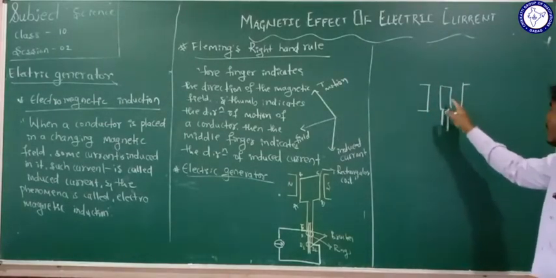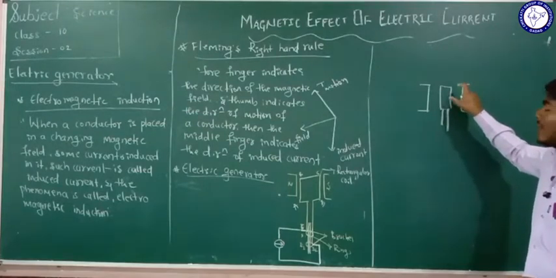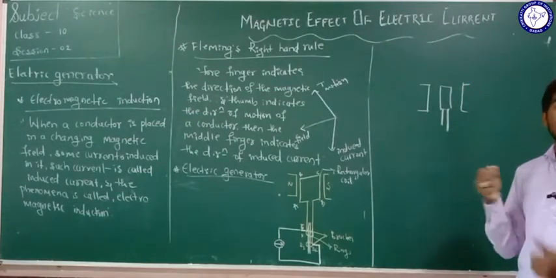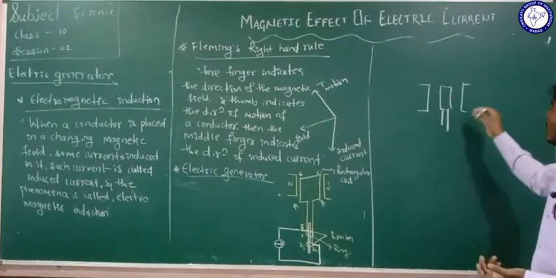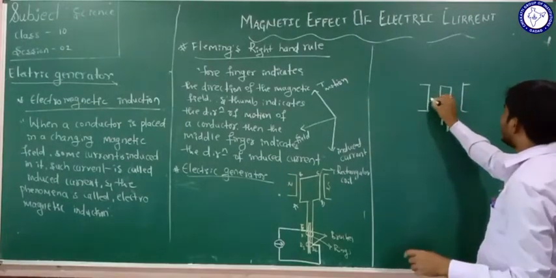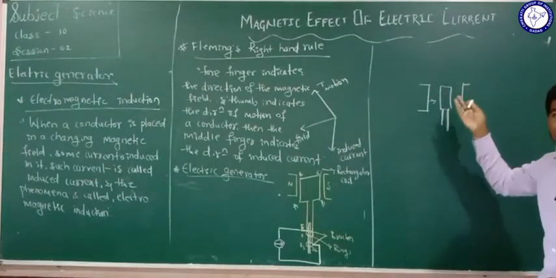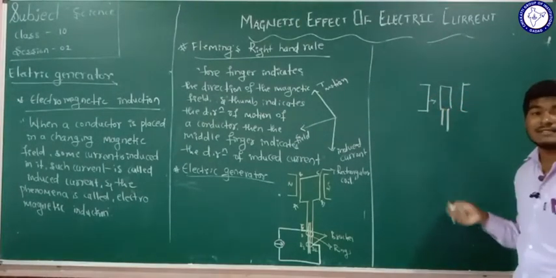If we rotate this copper coil continuously by mechanical work, is there some change that happens here? Why? Because the force of the magnetic field will be applied on the coil here, isn't it? So we get some changes.